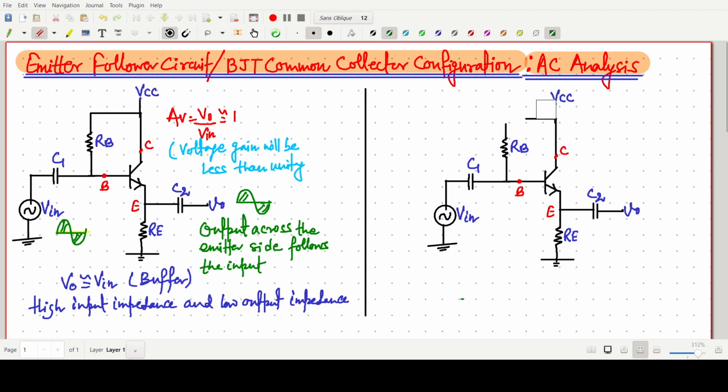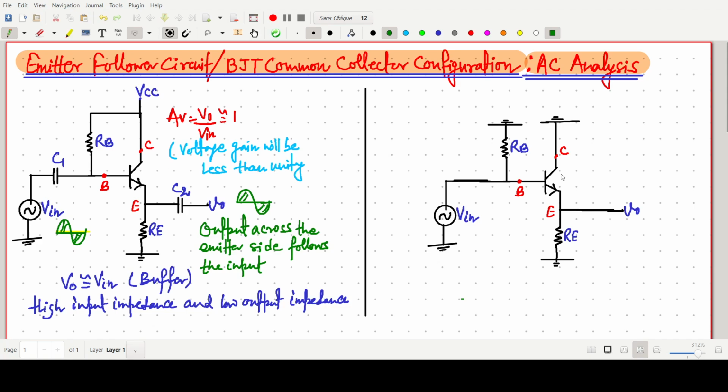We have to discard the supply, so if we remove the supply, it should be grounded. In my earlier videos I have covered this many times. And we have to short circuit the capacitors, so I am just removing the capacitors now. Okay, so now this one is the circuit.